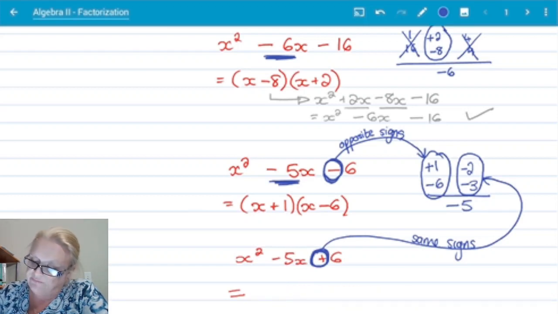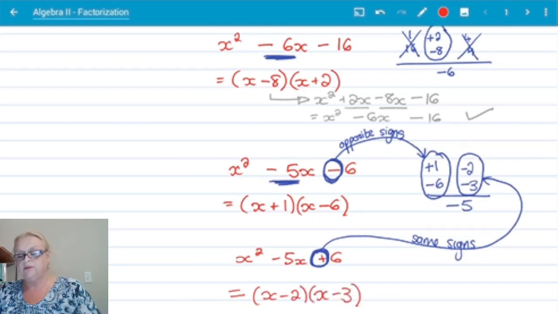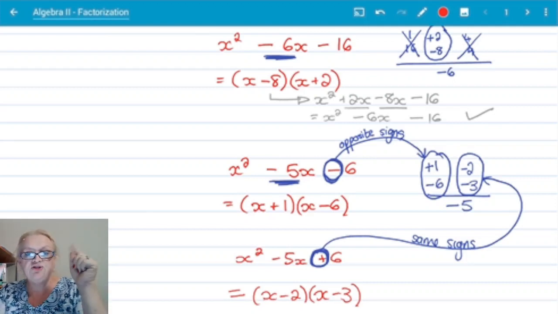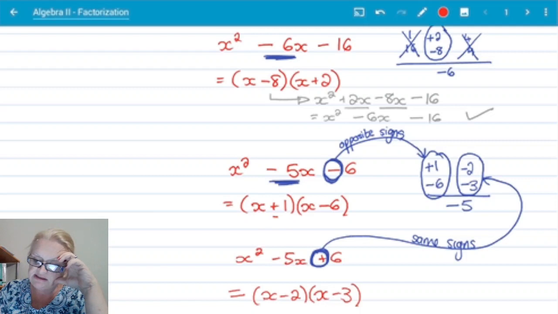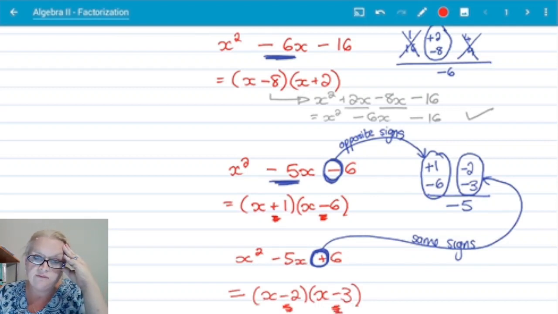Let's do that again. So it's x minus 2 and x minus 3. You got it? So if the last value is a negative, make sure that your brackets have opposite signs. And if the last value is a positive, make sure that the brackets will have the same signs.